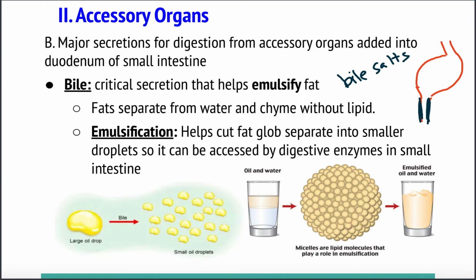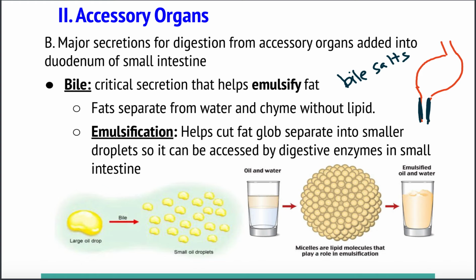So the way it works is it takes the fat. So you probably know that fat will not mix with water. If you put a lot of oil in water, that oil will kind of float on top and refuse to mix into the water. That actually is a big issue because your stomach acid and the chyme in your body is mainly water. Okay? So without bile, the fat will not mix into your chyme, especially in your small intestine.